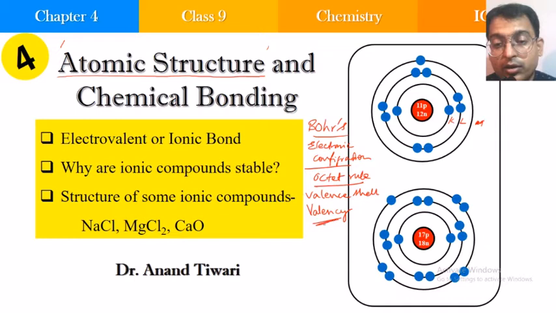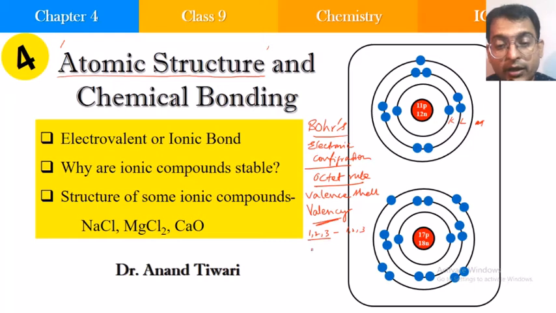It is very important to know the valency of an element. If you know the valency, you can predict the chemical reactivity. So if the number of electrons in the valency shell is 1, 2, 3, then the valency will be 1, 2 or 3.